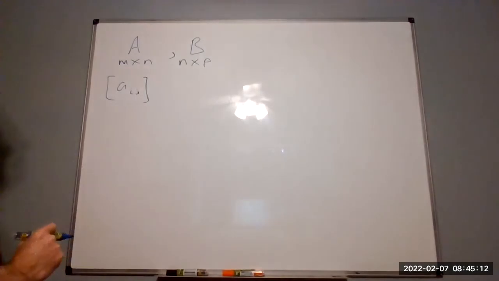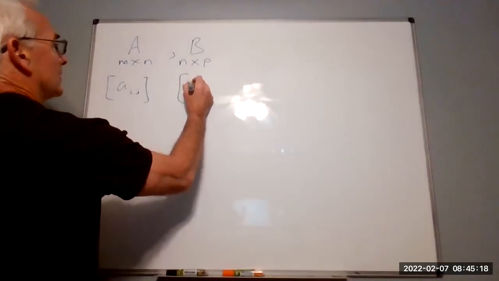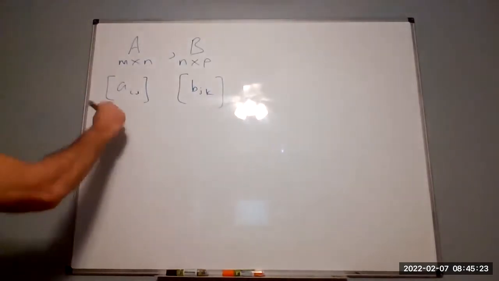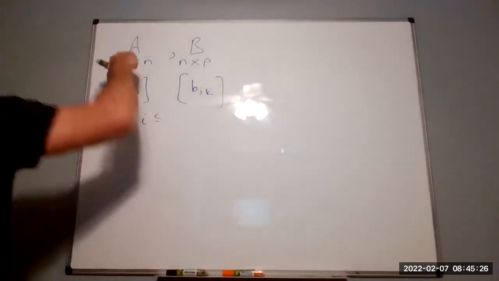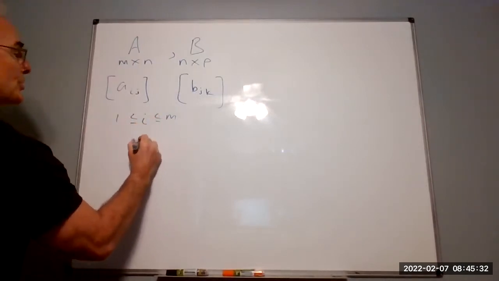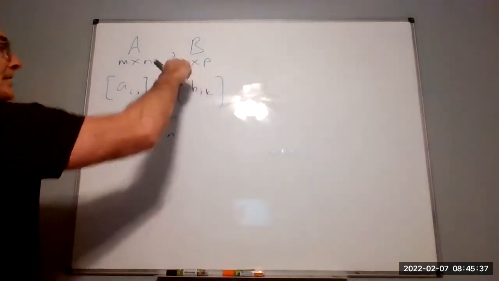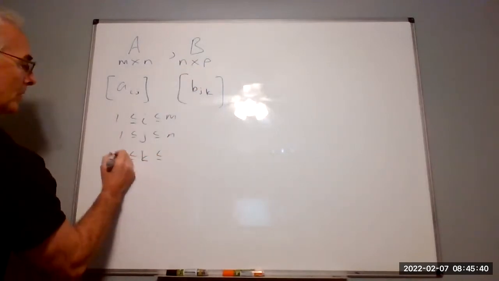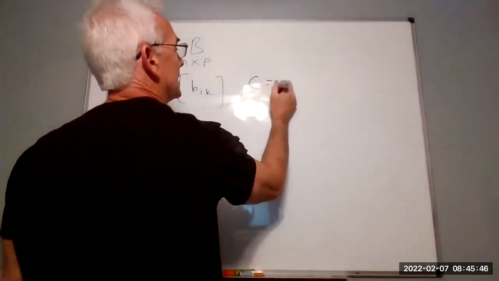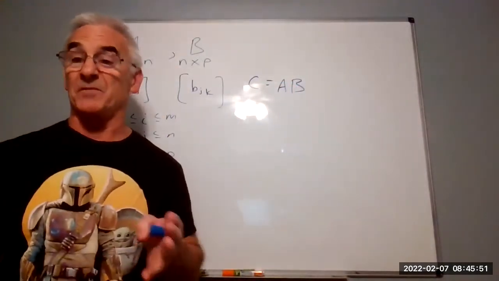But this can't be the matrix of AIJ or BIJs, so we'll call this the matrix of BJKs. I is going to go from 1 to M. J is going to go from 1 to N, and by the way, same J. And then K is going to go from 1 to P. So we will define matrix C to be the product of matrices A and B. This is one of the reasons I love this notation.